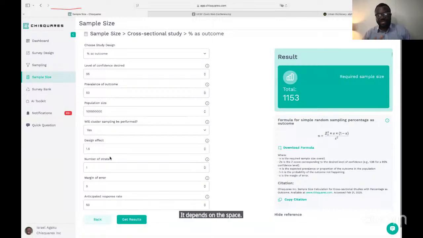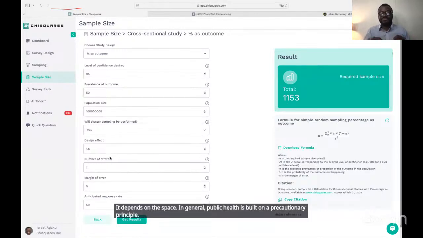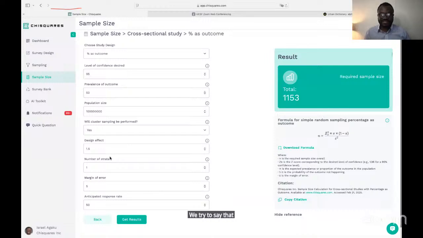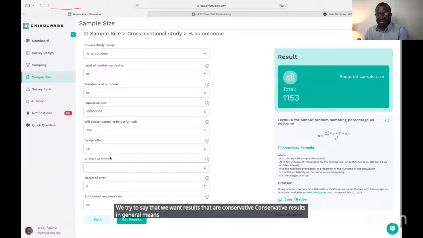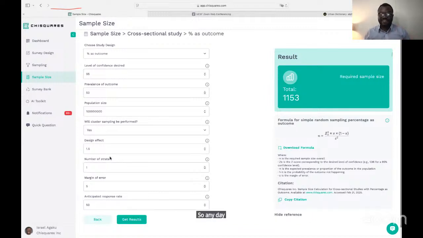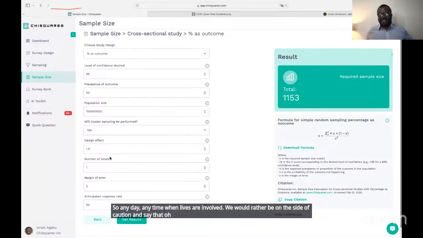In general, public health is built on a precautionary principle. We try to say that we want results that are conservative. Conservative results in general means that, well, we prefer to be wrong than to be right. We prefer to say that the drug does not work than to say the drug works, right? So any day, anytime, when lives are involved, we would rather be on the side of caution and say that, oh, this drug does not work.